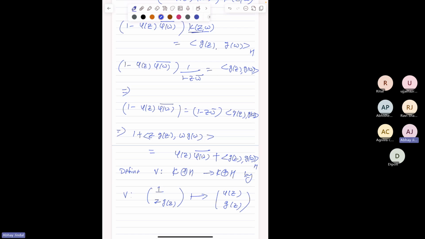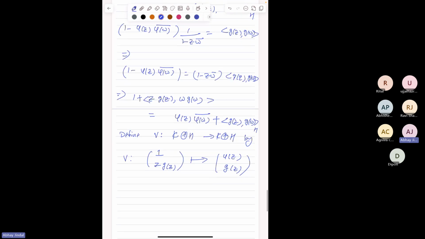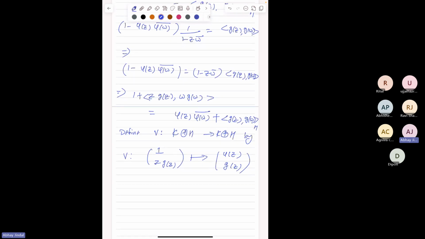So this is what we do. Now of course (1, z g_z), so clearly this defines an isometry. It's an isometry because of this identity we obtained earlier. It defines an isometry on the span closure of (1, z g_z), z belonging to the disk.